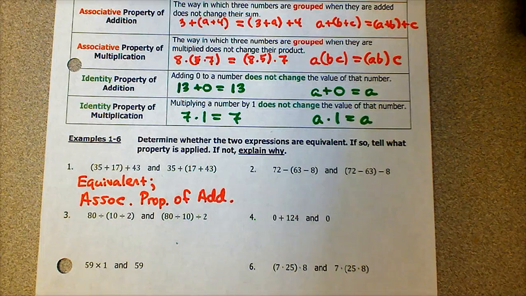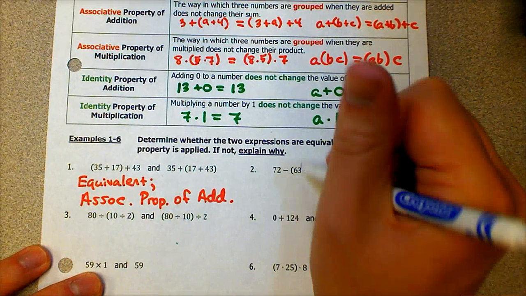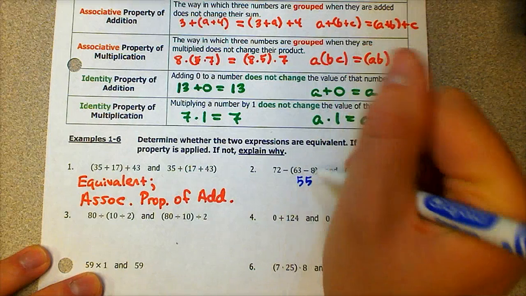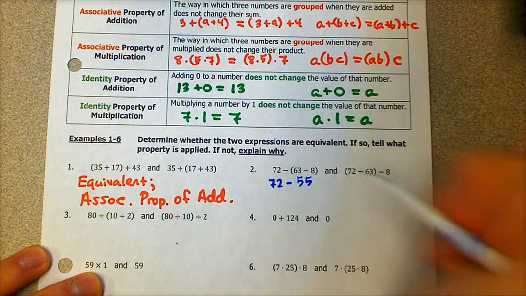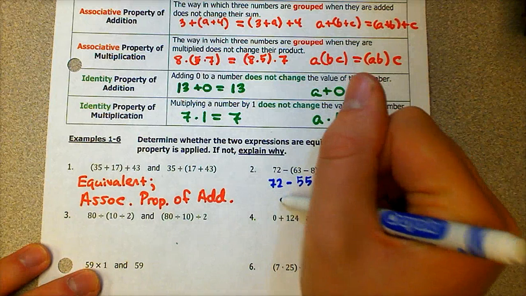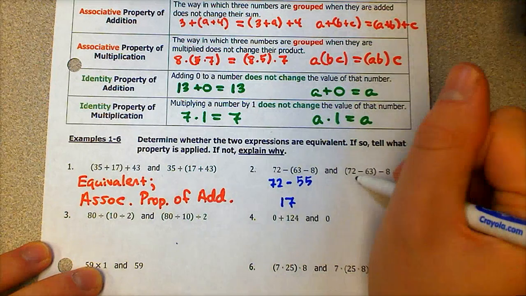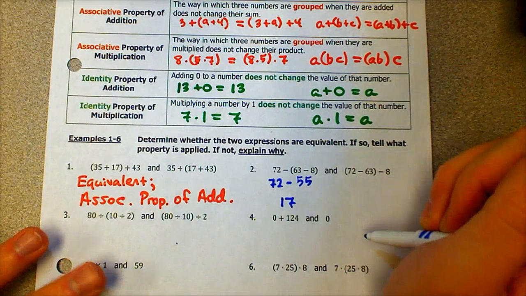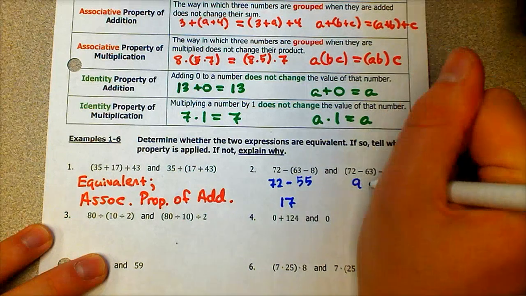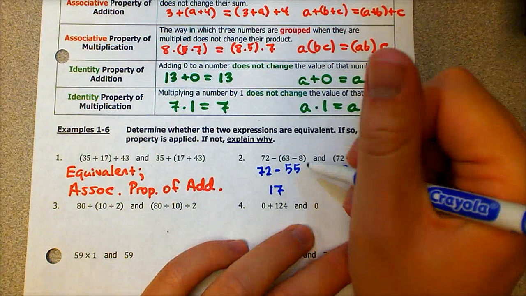We could go through and actually do order of operations. 63 minus 8 gives you 55, and then 72 minus 55 is going to give you 17. Here, 72 minus 63 is what we would do first. 72 minus 63 is 9, and 9 minus 8 is 1. So those are not equivalent.